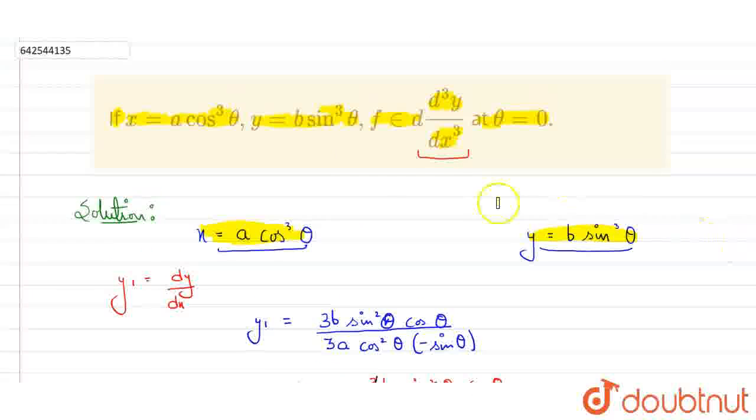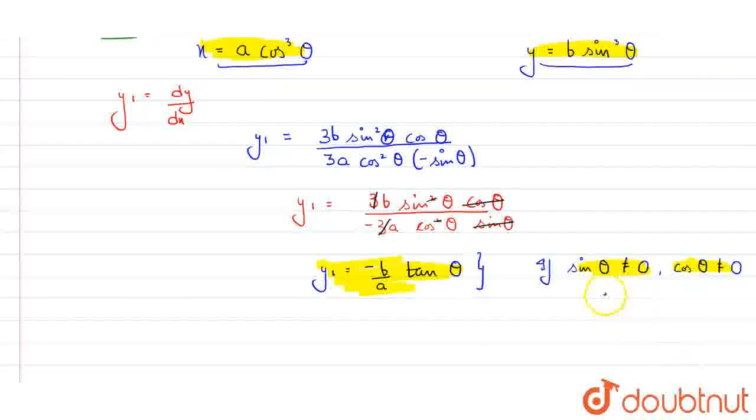But in the question it is given to us that theta equals to 0. So for theta equal to 0, sin theta means sin 0 is 0, cos 0 is 1. Okay, this is true, but here sin theta should not be equal to 0, but we are getting 0 here. So we concluded here y1 doesn't exist.